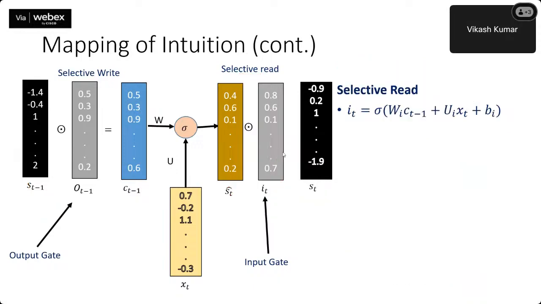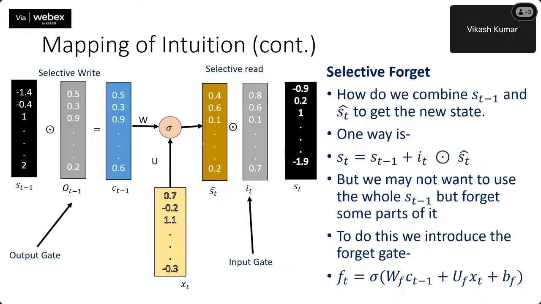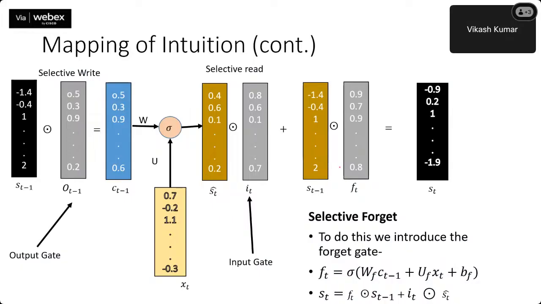And the intention of the forget gate was to control how much information from the long-term memory will be considered for the current state.